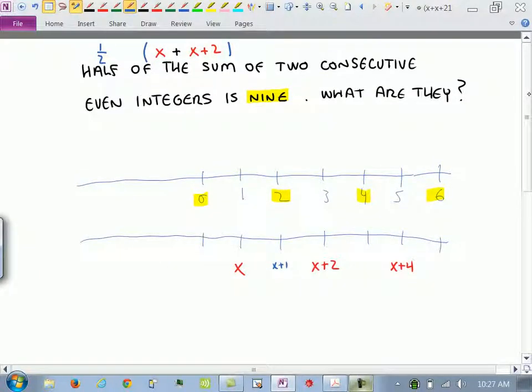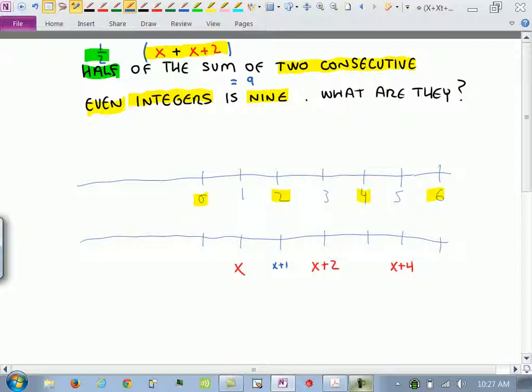Is everyone following how that worked there? So that's my 2 consecutive even integers right here. The half is right there. It's starting to look like just a bunch of highlighter craziness here. All right, that whole thing equals 9, right?